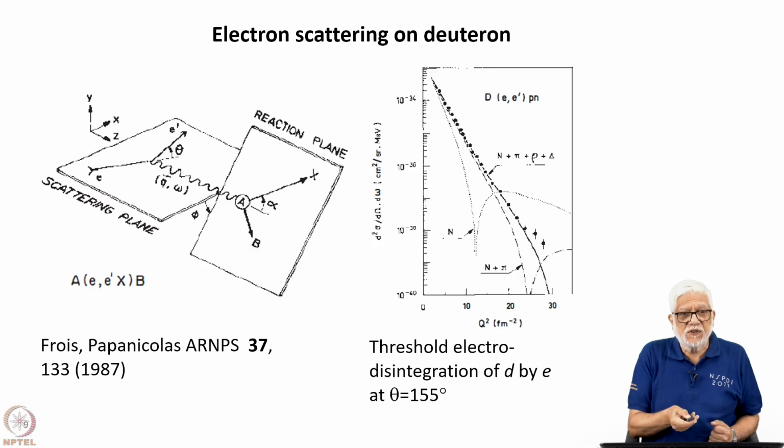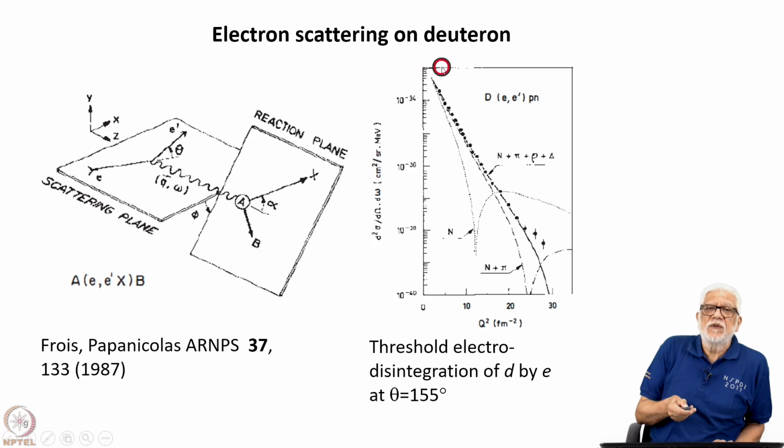This is the reference which is given here. This graph is taken from that review paper. This is the threshold electrodisintegration of the deuteron by electrons at back angles, so e, e prime, and p, n.